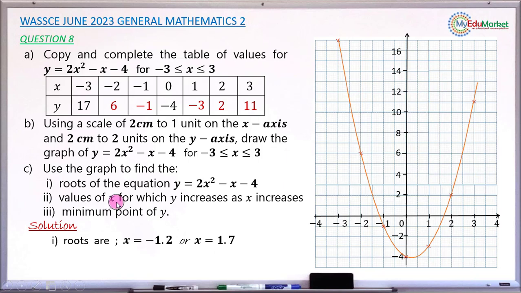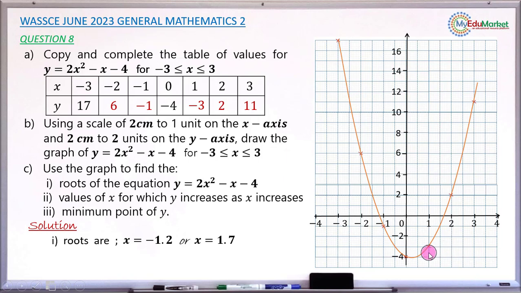So move to Roman 2. Roman 2 says we have to find the values of x for which, when y increases, x also increases. On this curve, something happens between x and y. If you are going down, the value of x is increasing, while the value of y is decreasing. After this very place, look at it. This is where the curve turns up. So at this very point, when x increases, y also increases. So it is from this x value up to whatever value you have to the right.